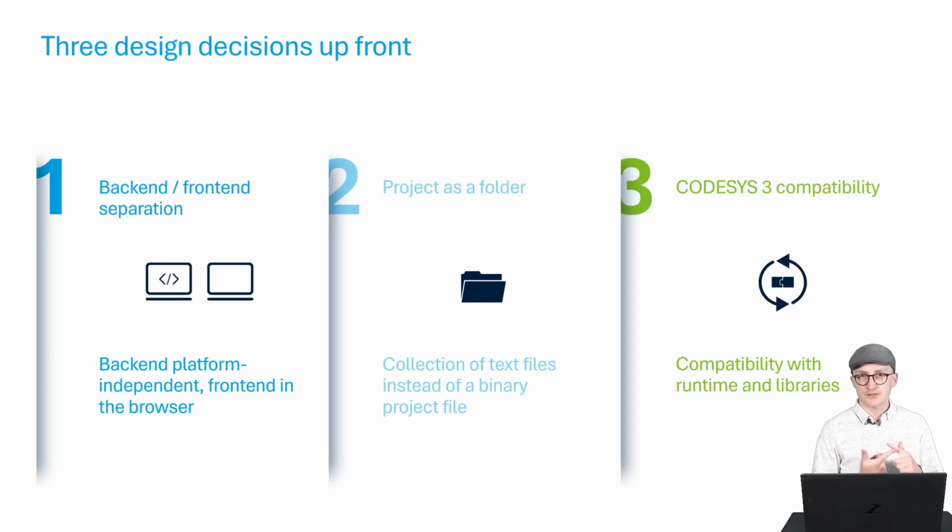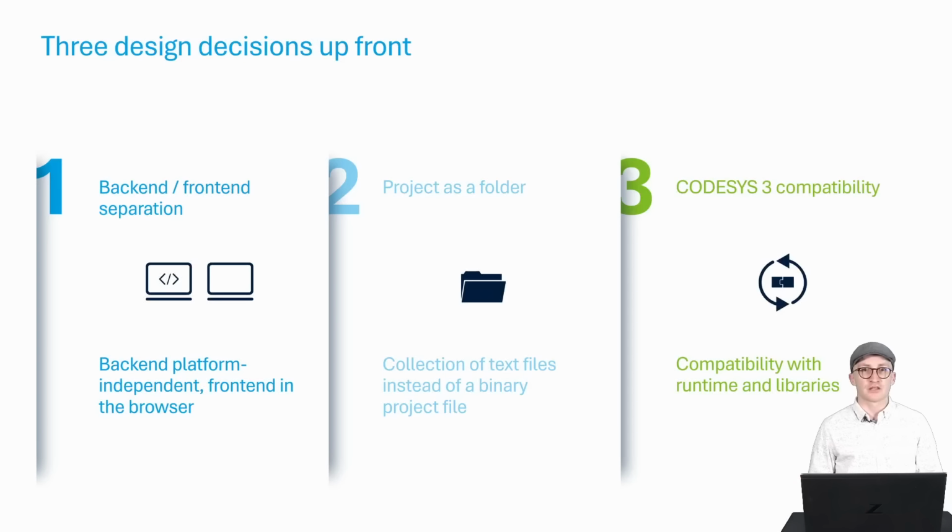The second decision: projects as folders of text files, not a single binary file like .project we have in CODESYS 3. This is what unlocks version control, branching, merging, and code review in external tools. The third decision: full compatibility with the CODESYS 3 runtime and libraries.